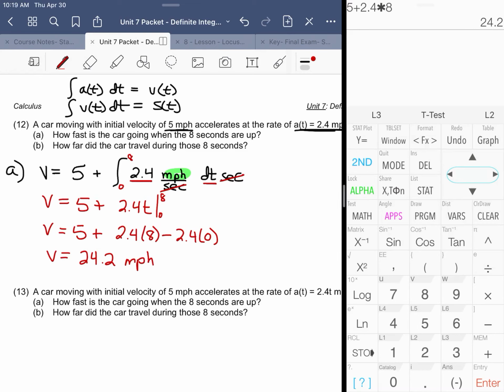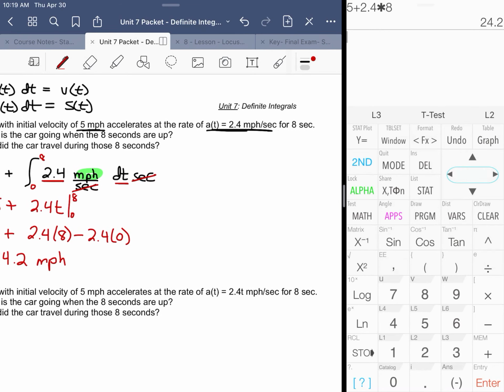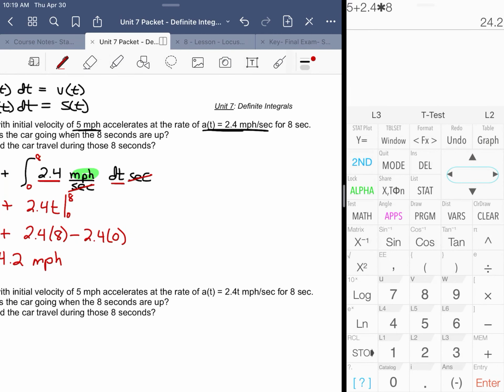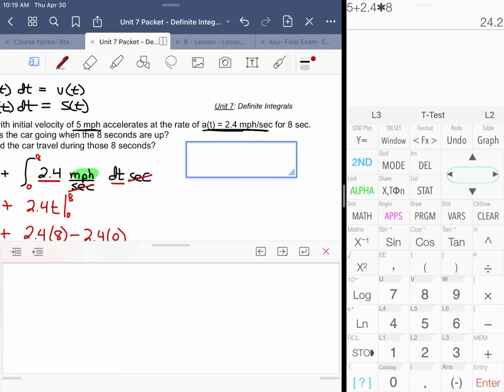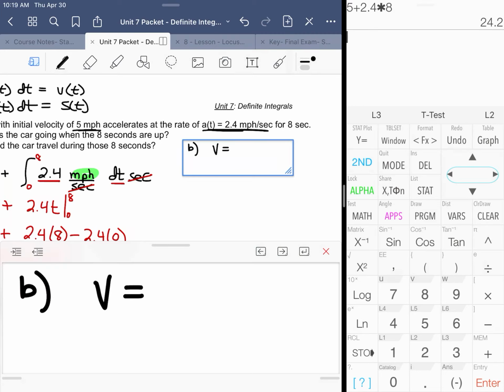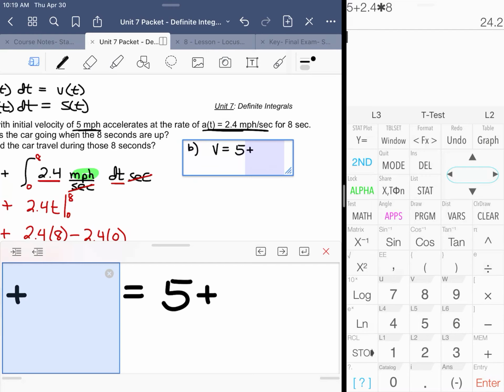Second part is saying how far did the car go during those 8 seconds. All right, so we have a function to represent the velocity at any time t. All right, so v, because even though we use notation for it, it still is what it is. All right, so I'm just going to get my writing implement here.